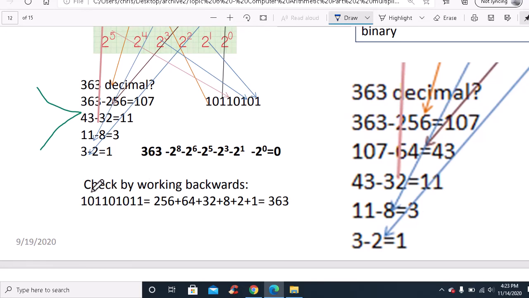And you can check by working backwards. All you're doing here is adding all these numbers together. In other words, you're looking to see what decimal number is given by 1011101011. And you can see that it's 256 plus all these factors here. That does actually give you 363.